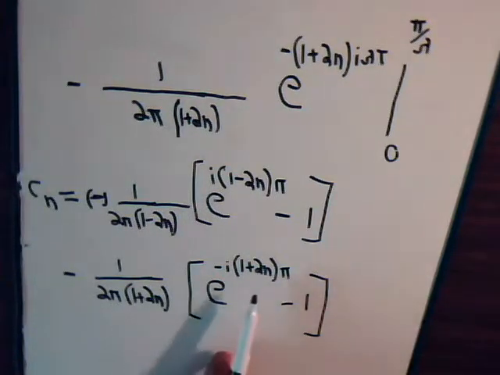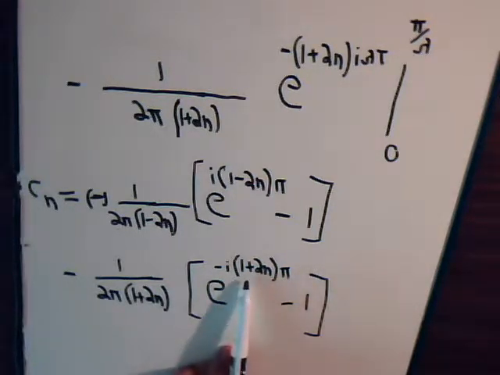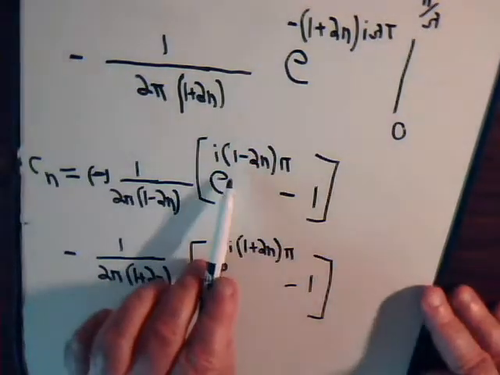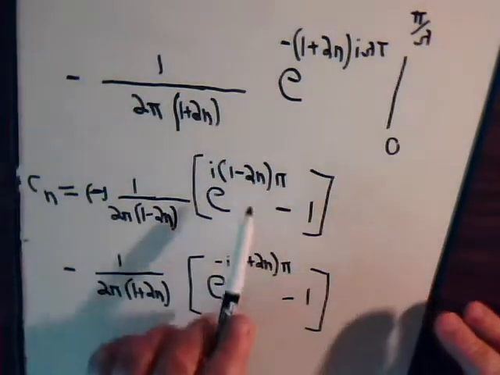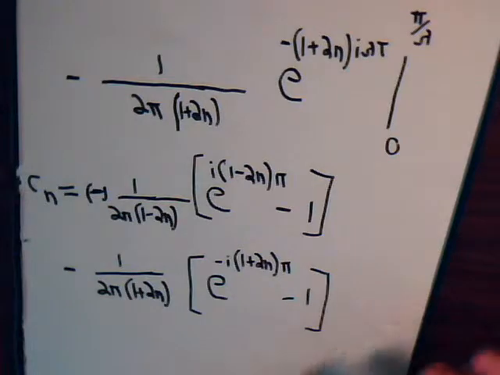Okay, now in each of these cases, this is an even number added to an odd number. That's going to give us an odd multiple of pi. So this is going to be negative 1, and this also is going to be negative 1. Here we have an even number, so we're going to have 1 minus an even number. That will always give us an odd number.